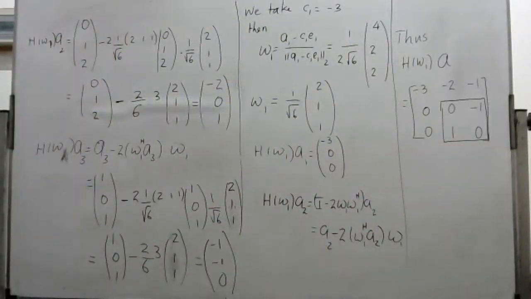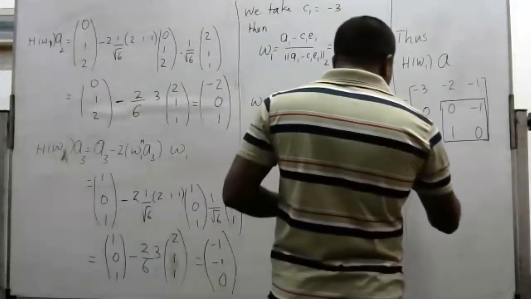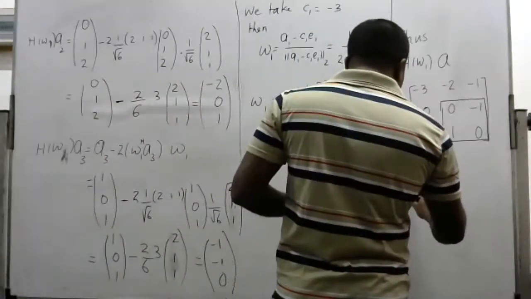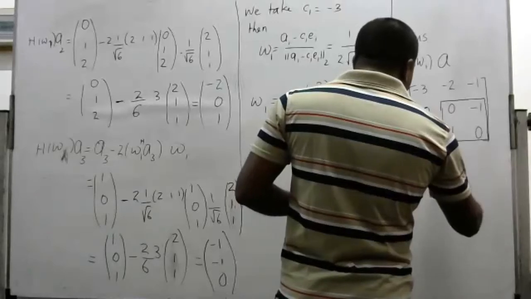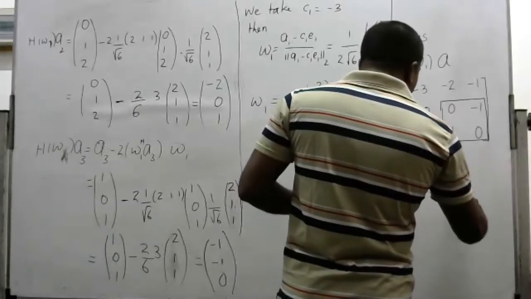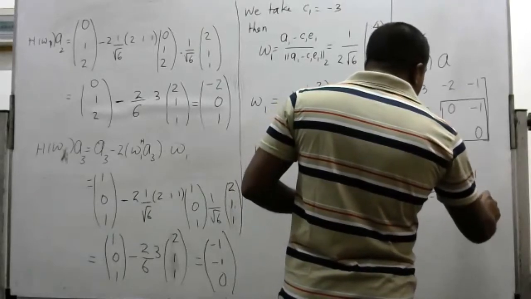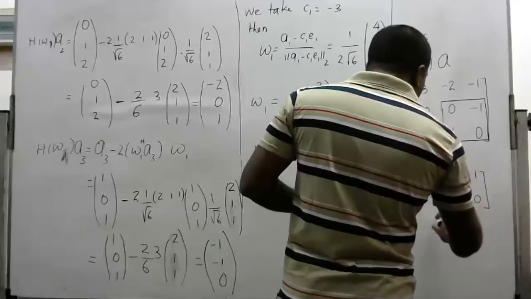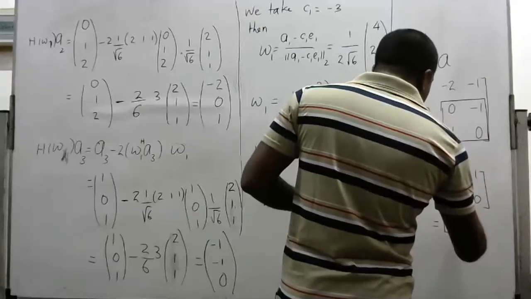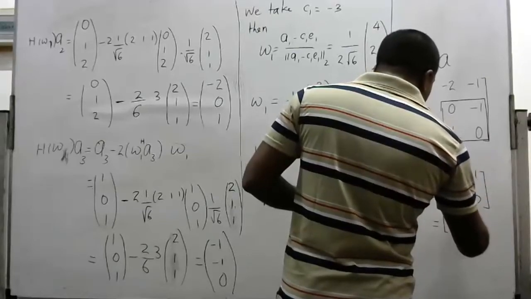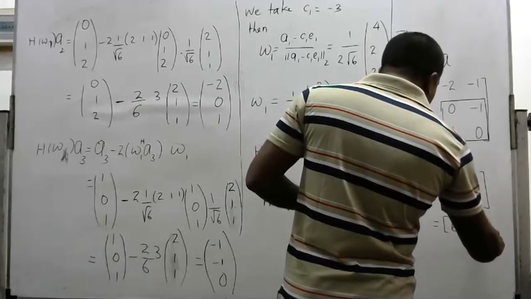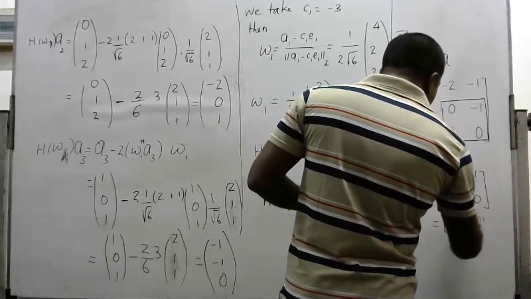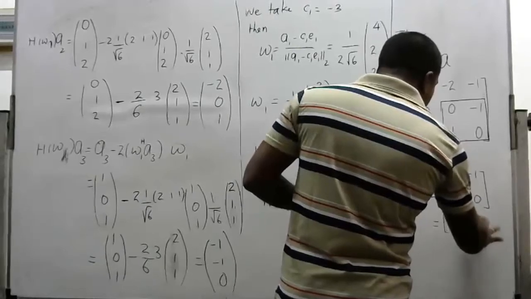It is equal to 0, 1, minus 1, 0. So we name this as B11, B21, simply B1 and B2.